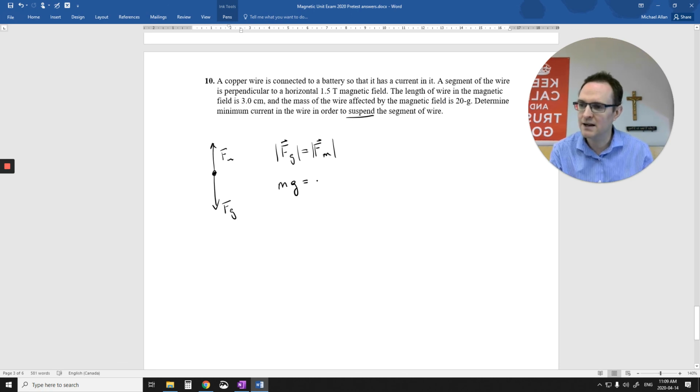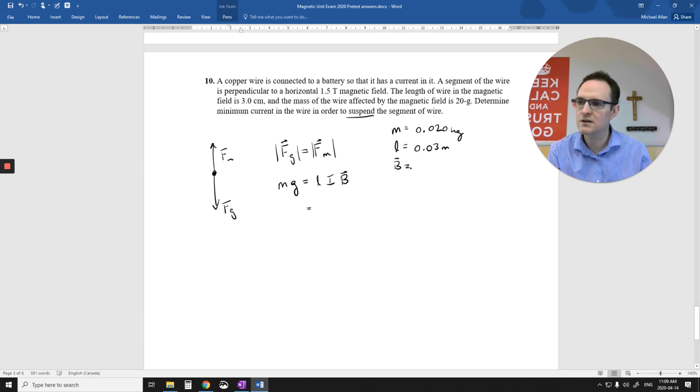Because there's a wire, I can use ILB to calculate the Fm. You may want to change some things, like the mass here, you may want to change to be that many kilograms divided by 1,000. You may want to change the length of the wire to be that many meters.